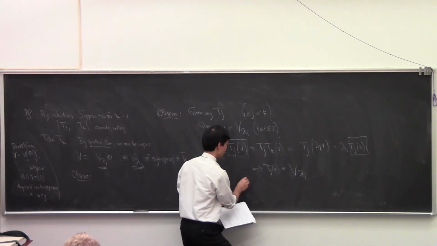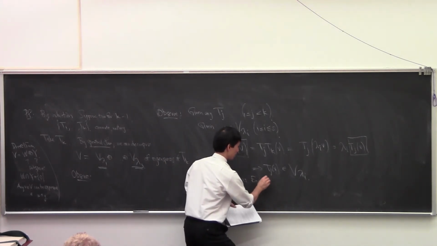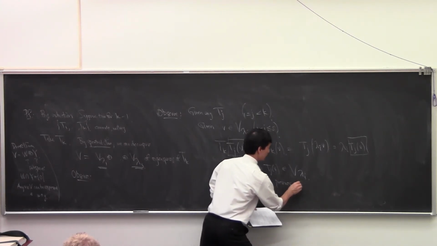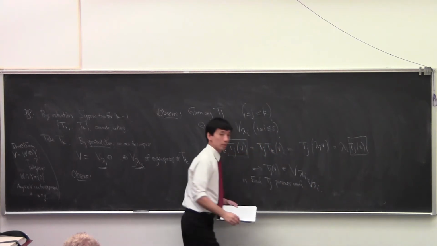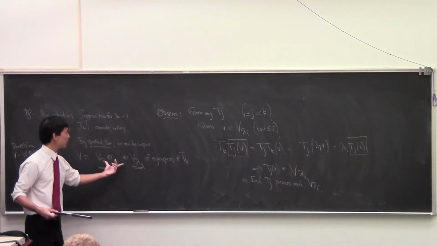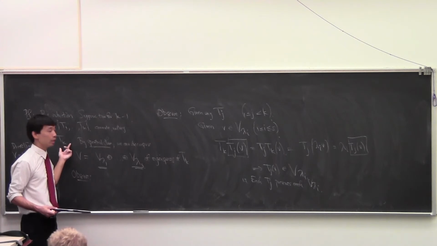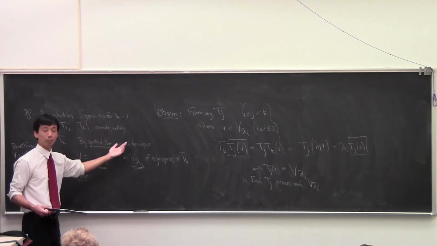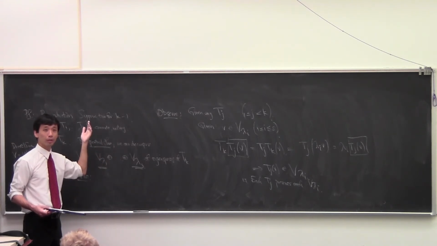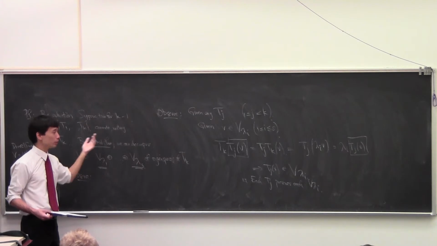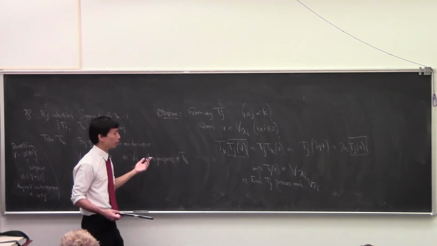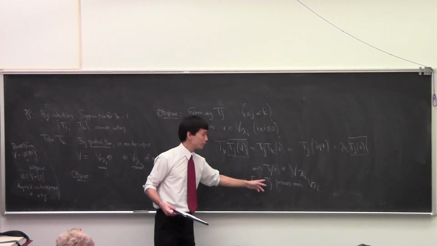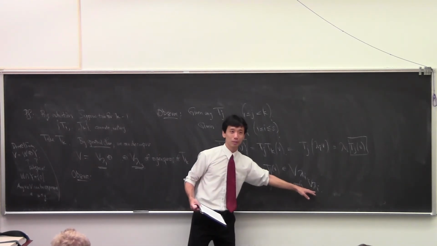In other words, each Tj preserves each of the V lambda i. These eigenspaces of Tk are actually preserved by the other guys. Okay, so we can think of each one as a linear transformation on the subspace.